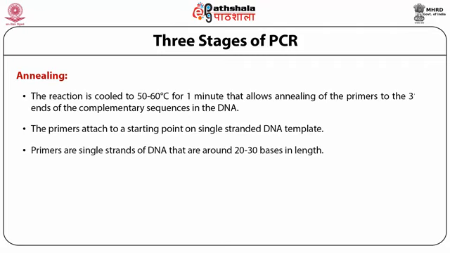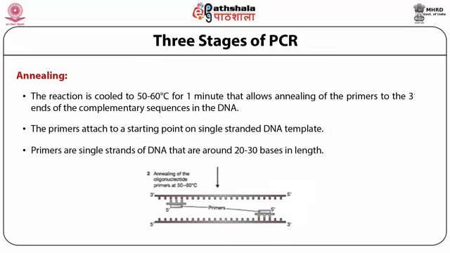Primers are single strands of DNA about 20 to 30 bases in length, as I already explained. The cartoon at the bottom describes how the small primers anneal to the single-stranded template DNA through complementarity. The forward primer anneals close to the 5' end and the reverse primer also anneals close to the 5' end of the reverse strand.